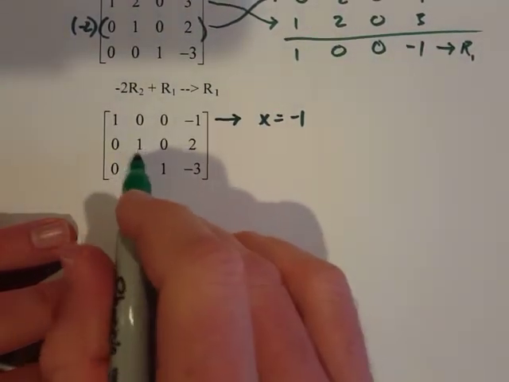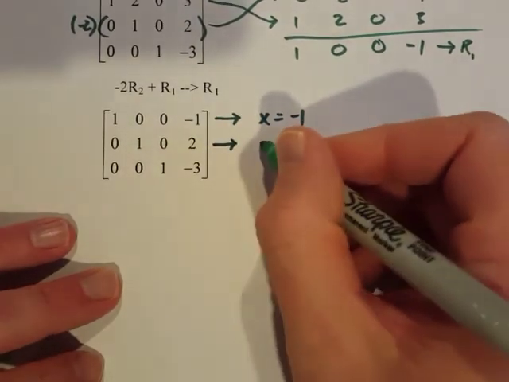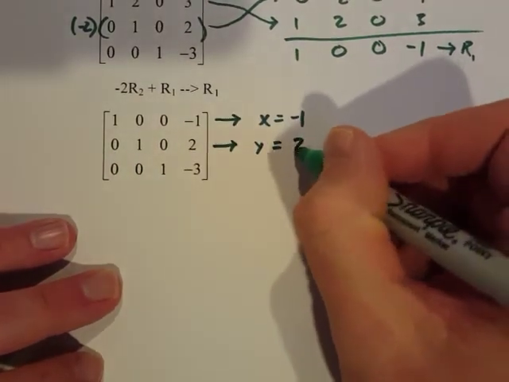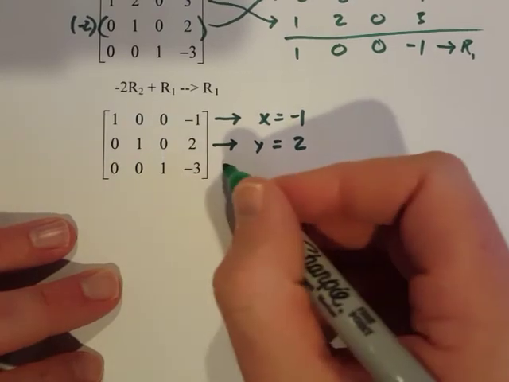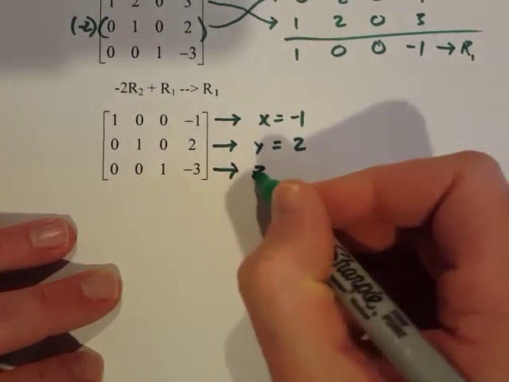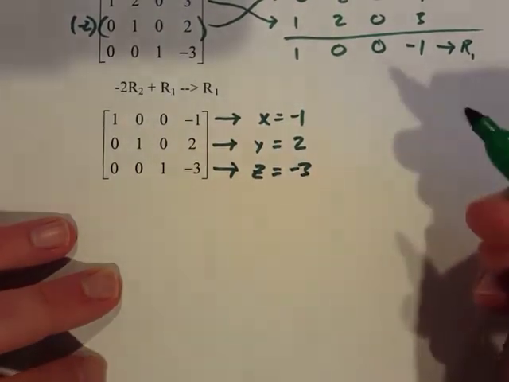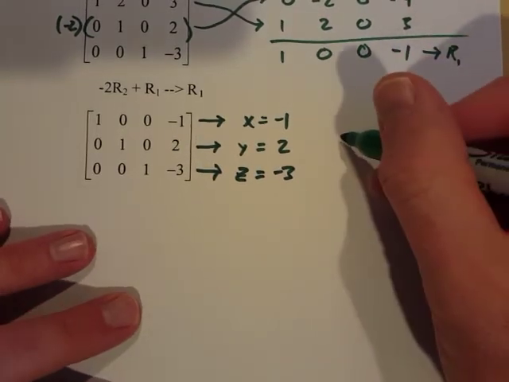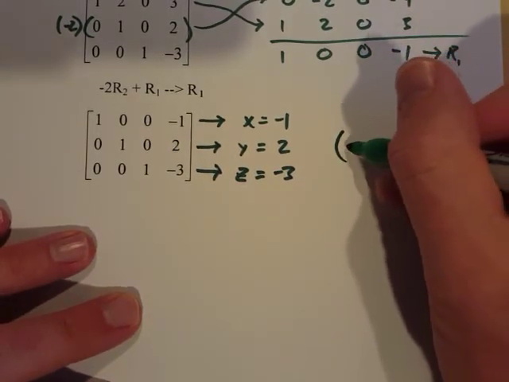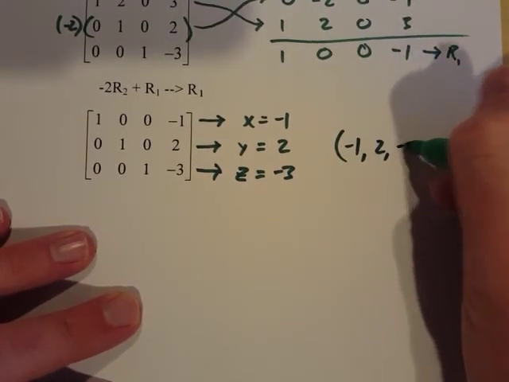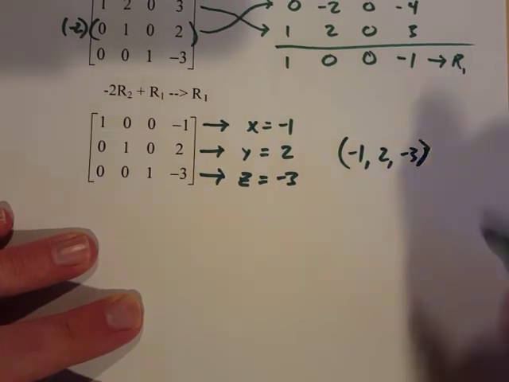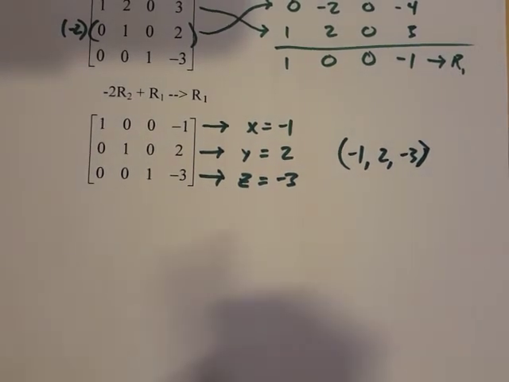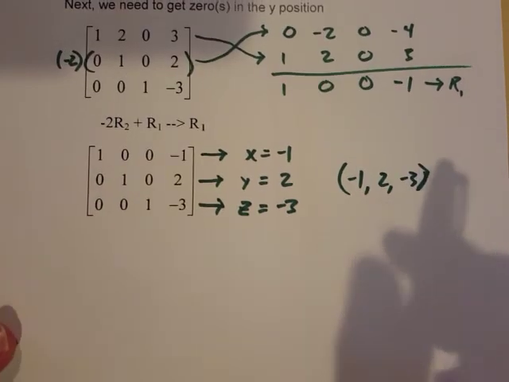This second row, all we have is a y, so that row means y equals 2. And then this row only has a z, so that means z equals -3. So like last time, same answer, -1, 2, -3 is our ordered triple for x, y, z, but we just got it in a little bit different way.